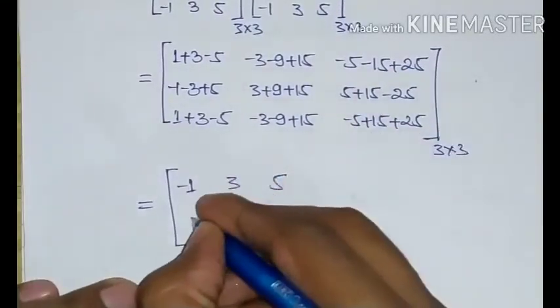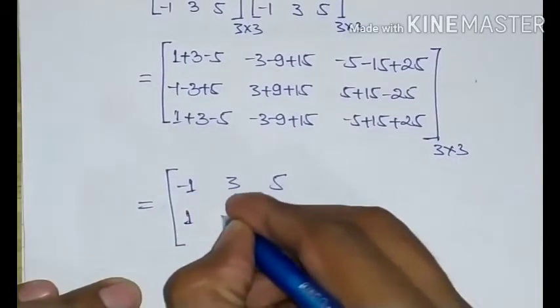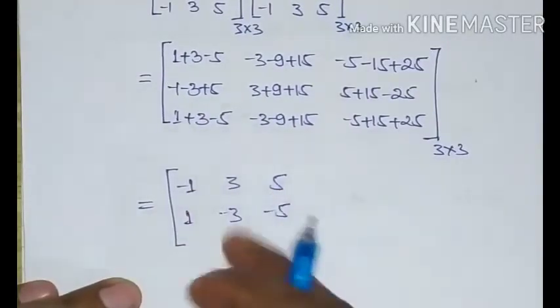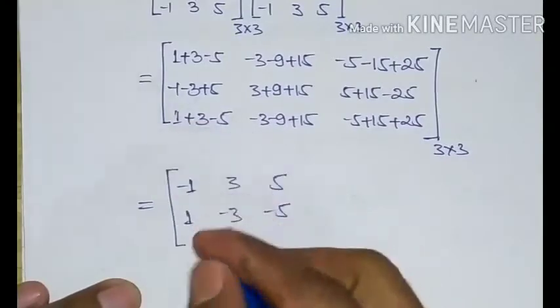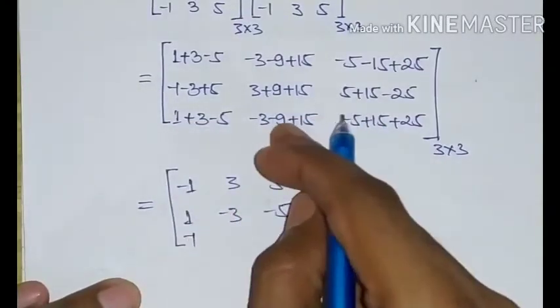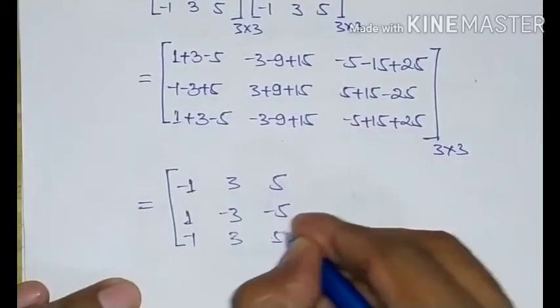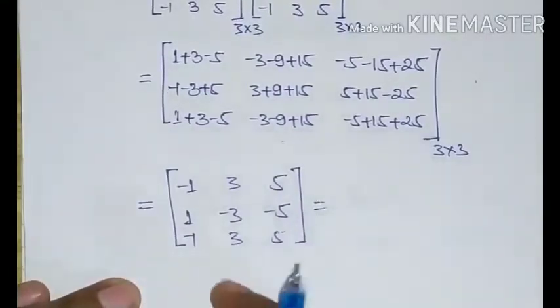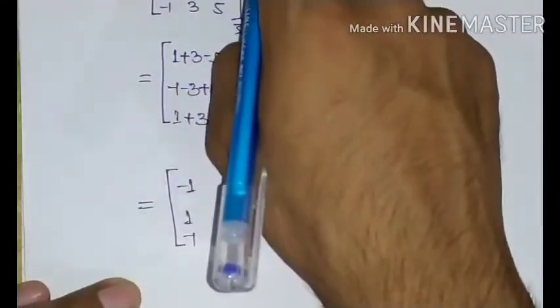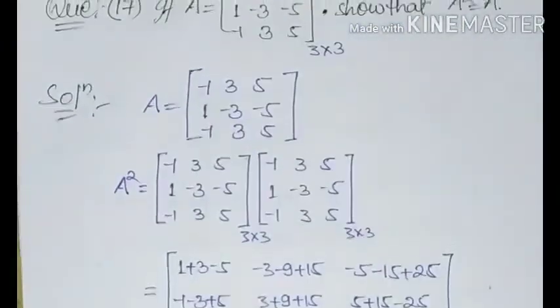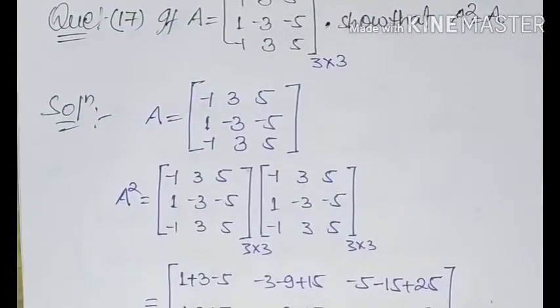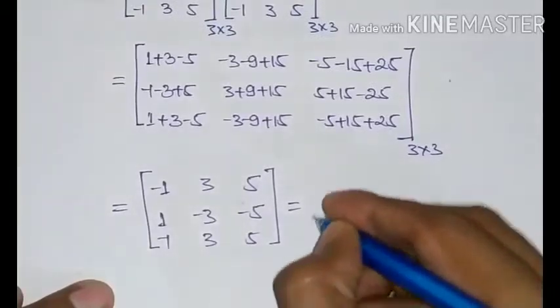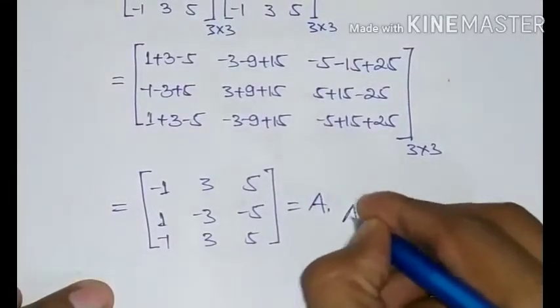Similarly the other entries work out to -1, 3 and 5. Clearly, as we can see here, this is our given matrix A. Then I can write here, this is equal to A. This is our answer.